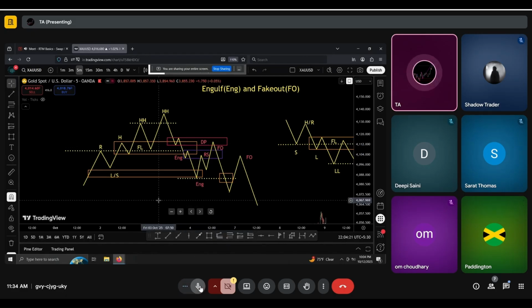So we must find the right side of engulf and right side of fake out to stay in the right direction. The whole game of RTM trading revolves around this, right? If you successfully find engulf and fake out, you will always be profitable. If not, you will be trapped, right?